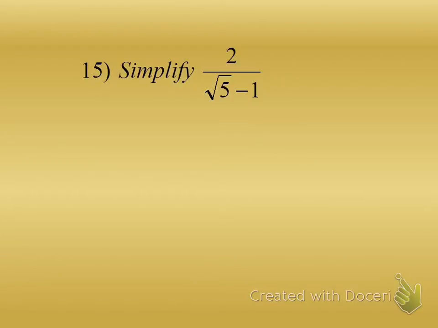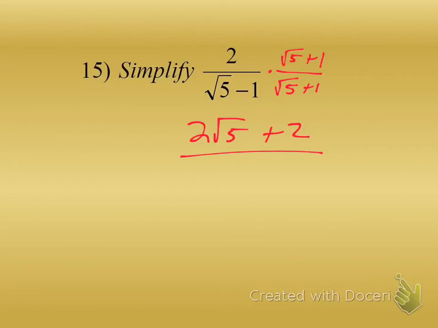Two over rad 5 minus 1. You multiply this by a conjugate. Okay? Conjugate of rad 5 minus 1 is rad 5 plus 1. Rad 5 plus 1 up top. Okay? Distribute up top, so 2 rad 5 plus 2, all over rad 5 times rad 5 gives you 25. Remember, your middle 2 should cancel since they're conjugates.